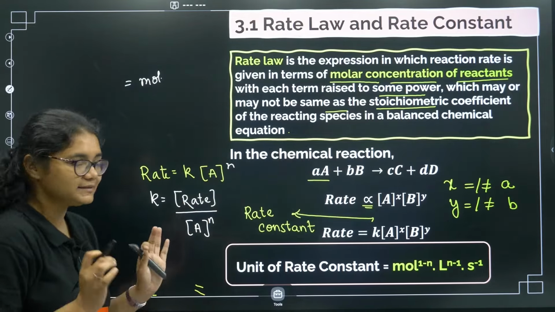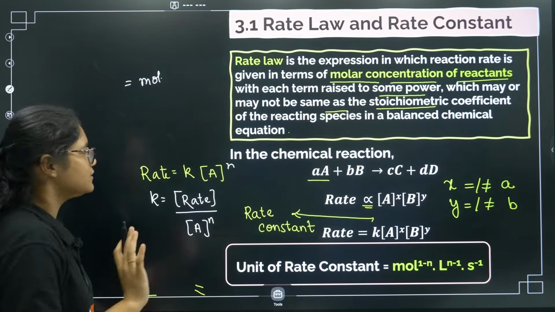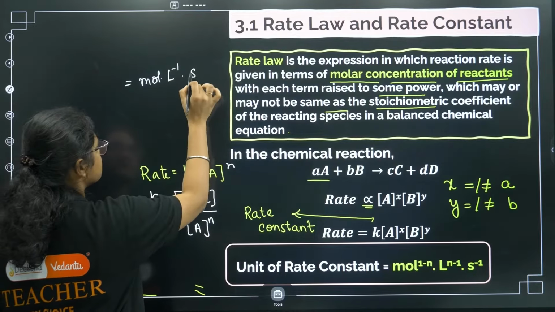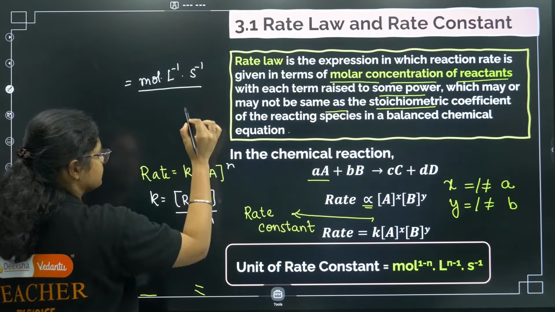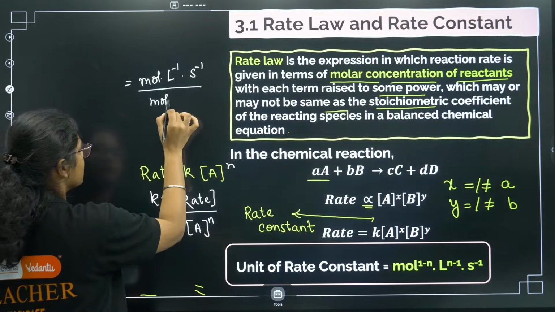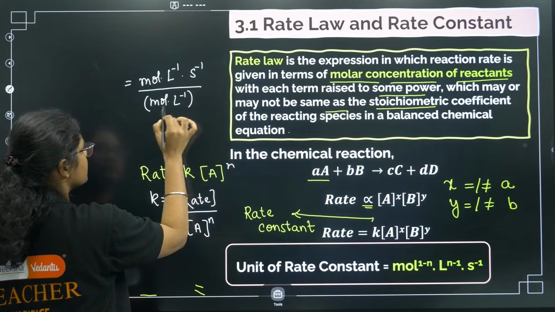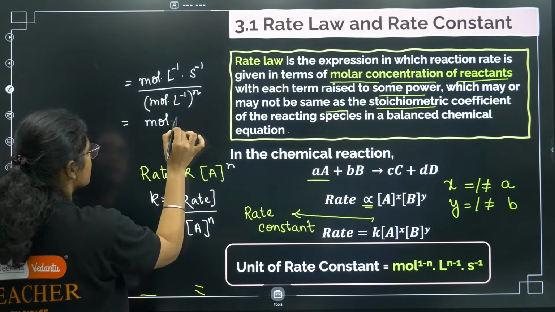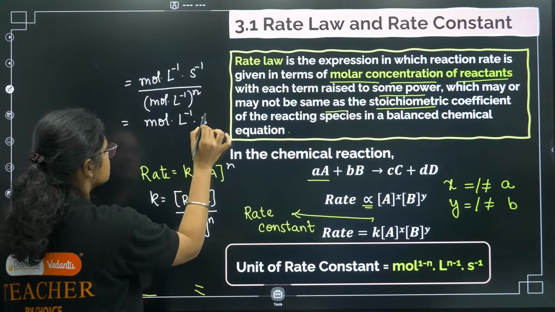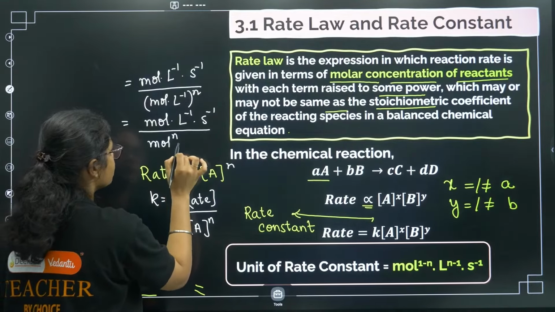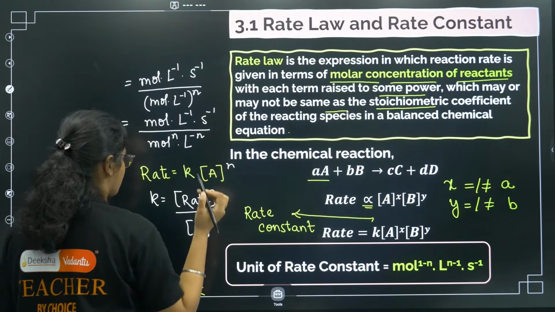The unit of rate is concentration by time. Concentration is mole liter inverse, time is second inverse. Then again concentration, mole liter inverse to the power of n. So here I have mole liter inverse second inverse, divided by mole to the power of n, liter to the power of minus n.